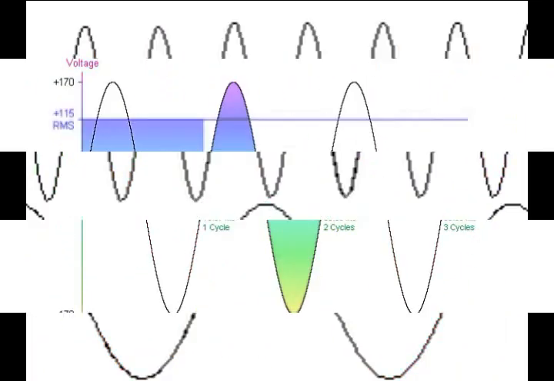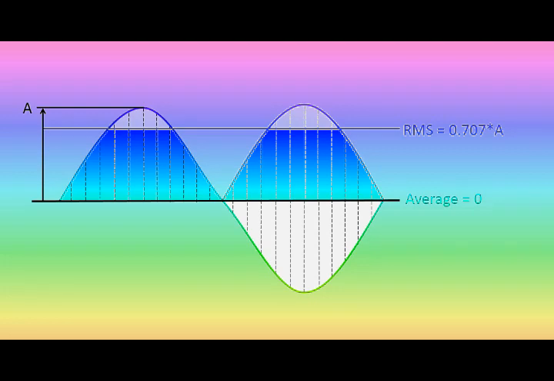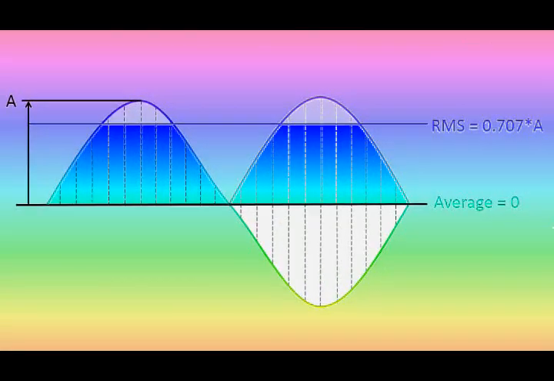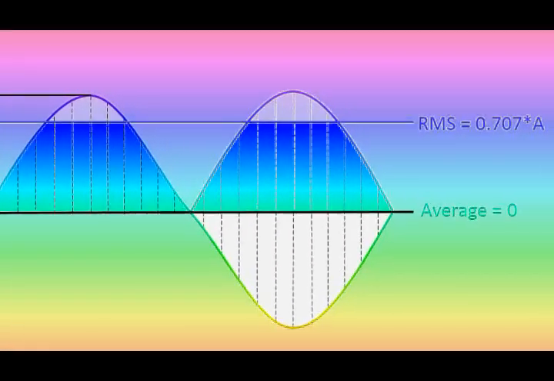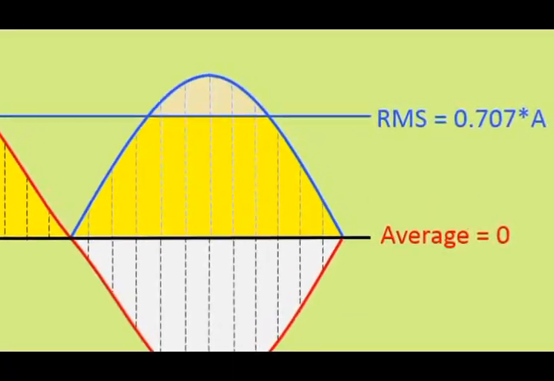Since the sine waveform is symmetrical, its average value over a complete period is 0. The RMS, root mean square, value of a sine waveform transfers the same amount of energy to a resistor as a DC source of the same amount does. The effective value of a sinusoidal voltage or current is equal to 0.7071 Vp.